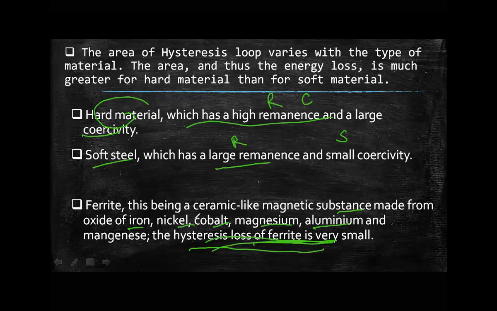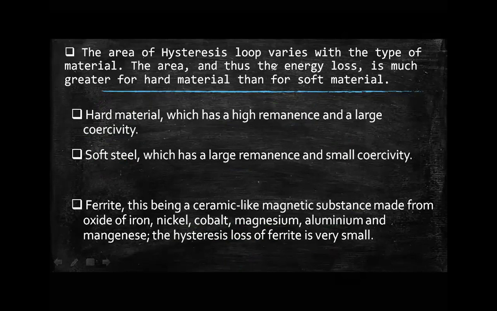These are examples for which hysteresis loss is less. And you should remember that for soft steel, coercivity C is small. So these are the points you have to remember, guys.